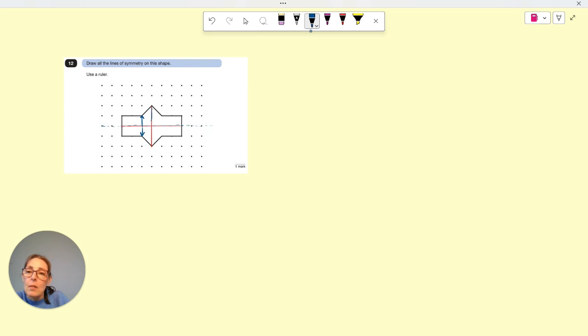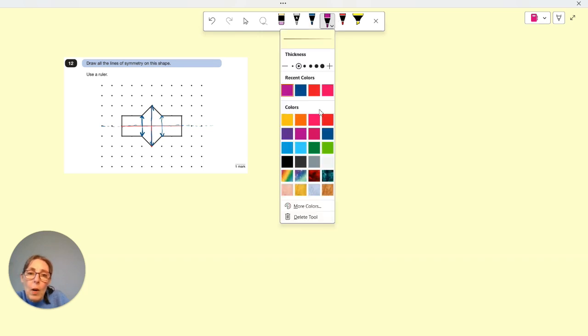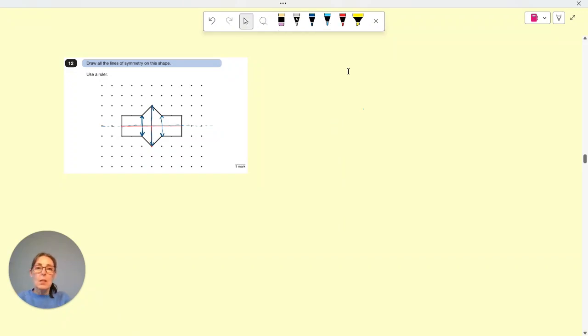And here as well, look that way, and see the same thing. In the same way, choose a different colour. Let's go for that one.